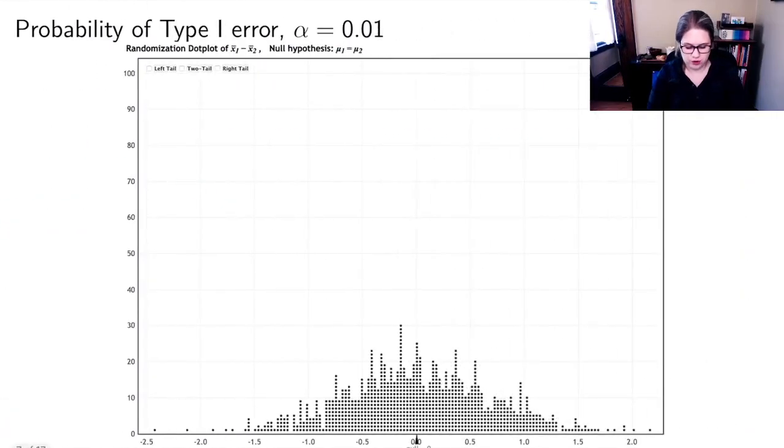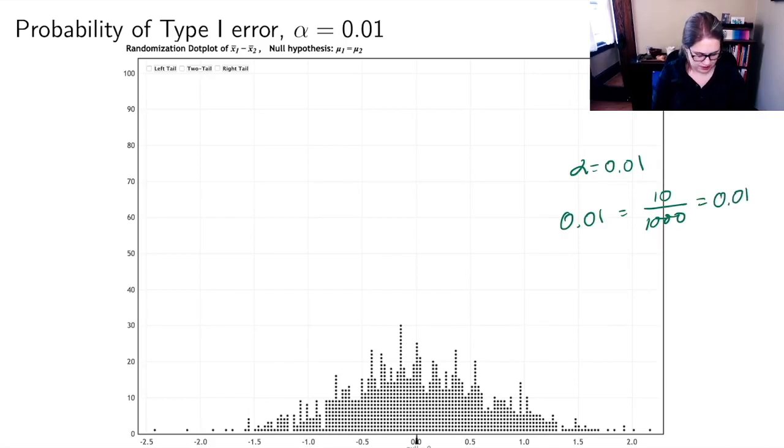Versus if we were going to try to do an alpha equal to 0.01, that's going to be something out of 1,000. It's going to be 10 out of 1,000. And again, I could just count 10. 1, 2, 3, 4, 5, 6, 7, 8, 9, 10. And I think it was right here. So that would be my p-value. And again, these things we actually observed under the null hypothesis.